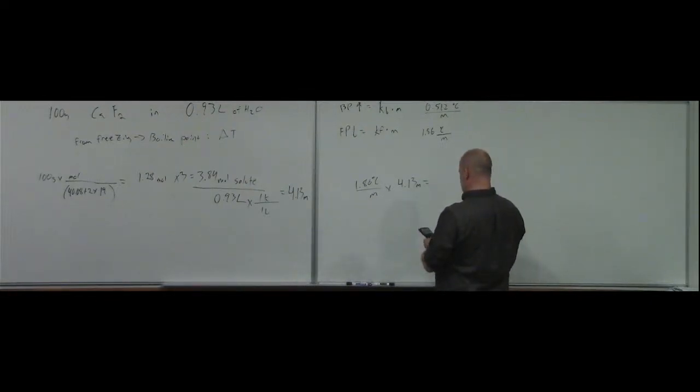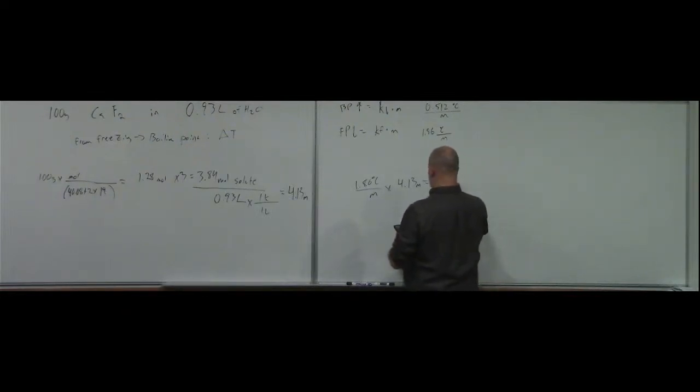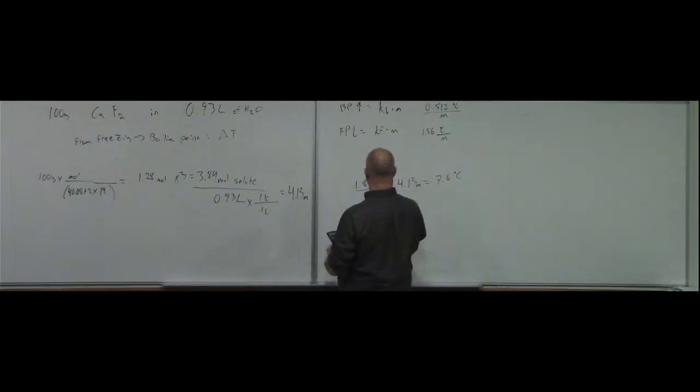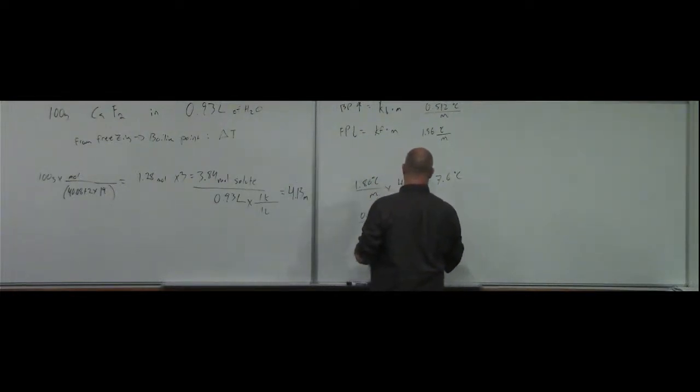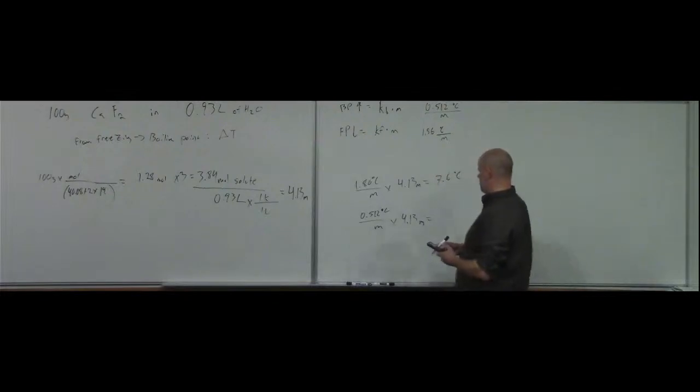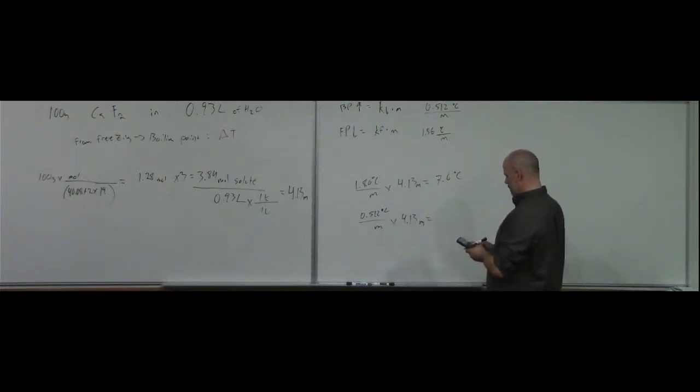Okay. 7.6 degrees centigrade. Okay. Now I go ahead and I do the same thing for my boiling point, and I get 0.512 degrees centigrade per molal times 4.13 molal, and I should have like 2 something, right?